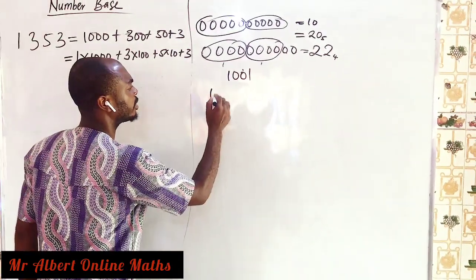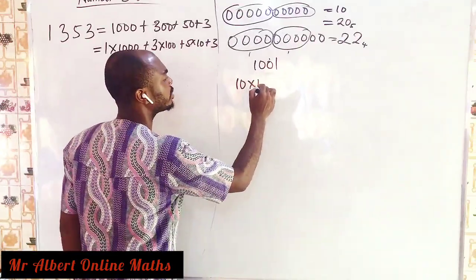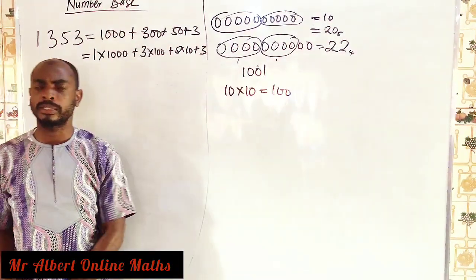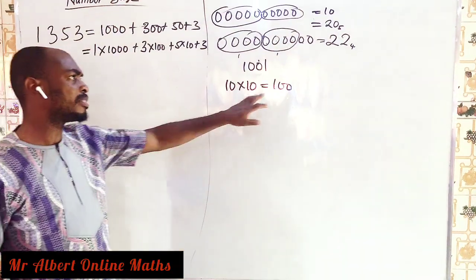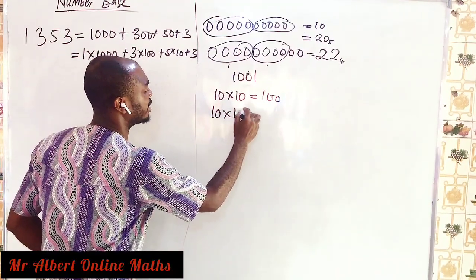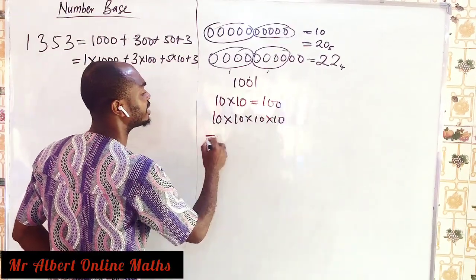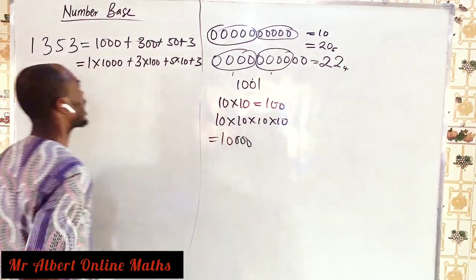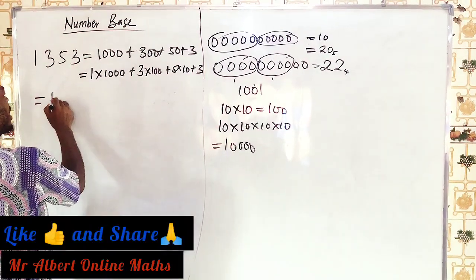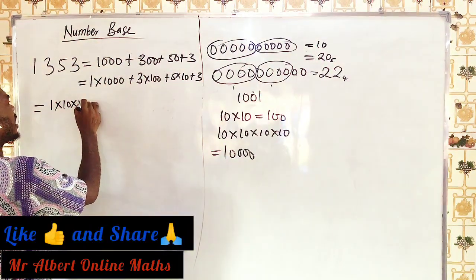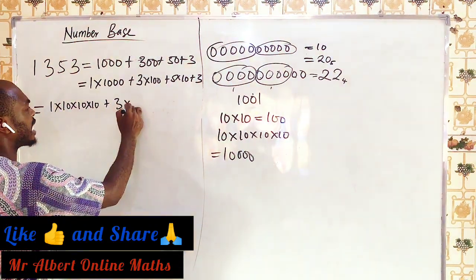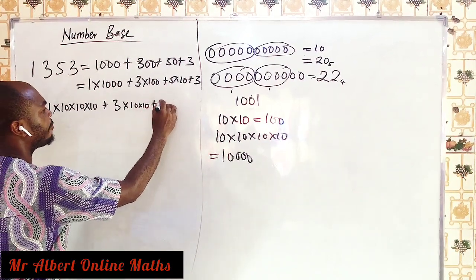I want to show you this: 10 times 10 equals 100. Whenever you are multiplying 10 by itself, the number of times is determined by the number of zeros. So 10 times 10 times 10 times 10 in 4 places is the same thing as 10 with 4 zeros. So if I express this number using times, it's the same as 10 times 10 times 10 in 3 places, that is 1000. And then we have 3 times 10 times 10. Then we have 5 times 10.